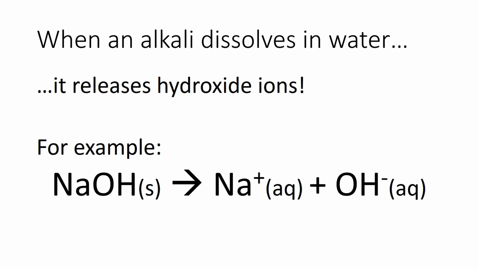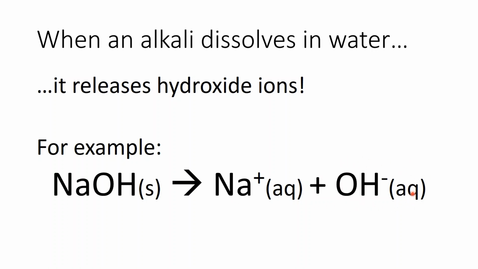For an alkali then, an alkali dissolves in water to form hydroxide ions. For example, a very common alkali is sodium hydroxide. Sodium hydroxide is a solid. When you dissolve it in water, yes, it forms sodium ions, but that's not important. This could be any metal. It could be potassium hydroxide or lithium hydroxide, but it forms hydroxide ions.